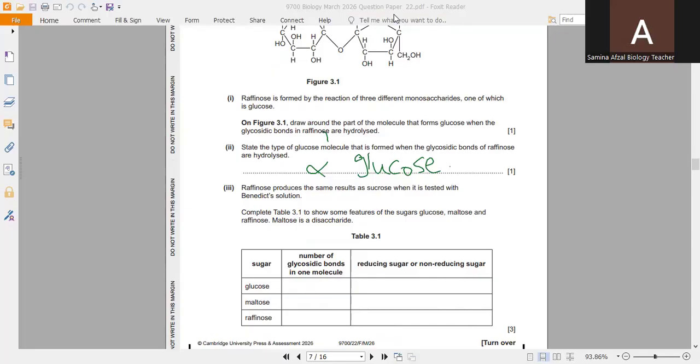For the number of glycosidic bonds in one molecule, disaccharide molecules are formed when two monosaccharides join together. So glucose is a monosaccharide, so there will be no glycosidic bond formation in it because it is a single molecule. So we will write 0 over here, and it is a reducing sugar.